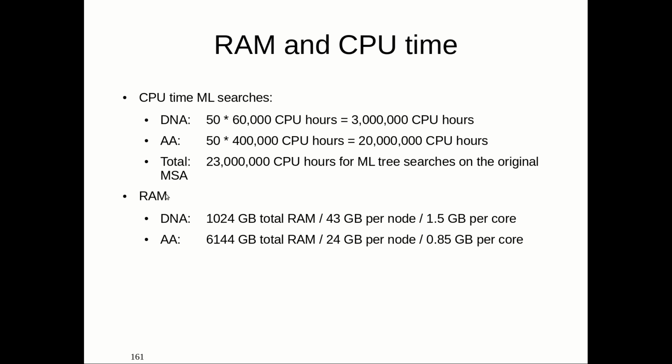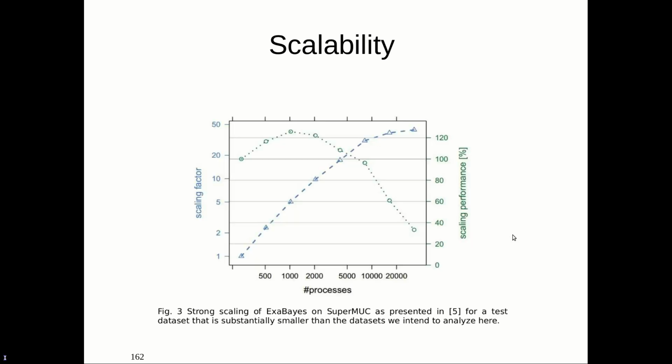And then for calculating the RAM requirements, we just used our formula. And typically what you need to indicate here is how much RAM in total you need, how much per node, and how much per core. Then typically what you would include is some sort of scalability plot.